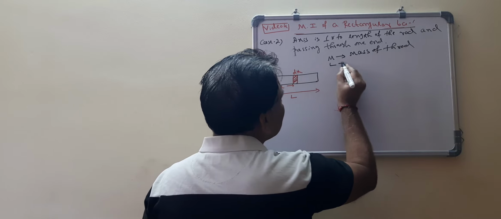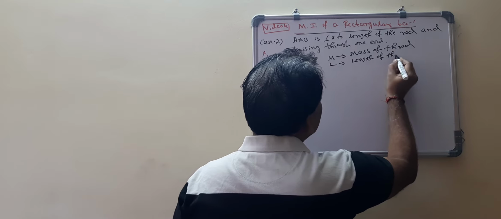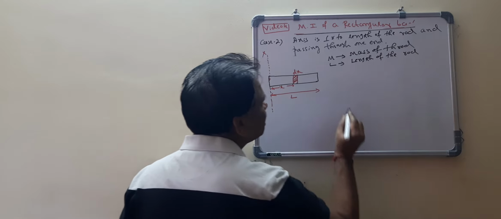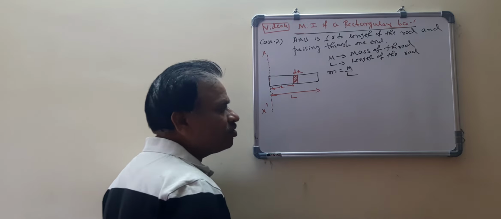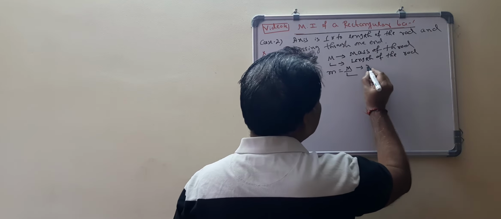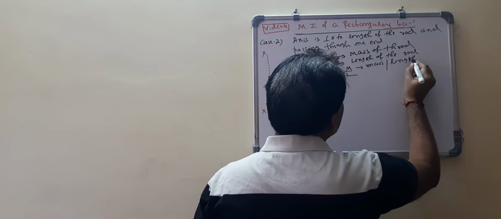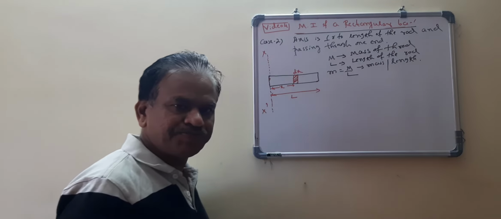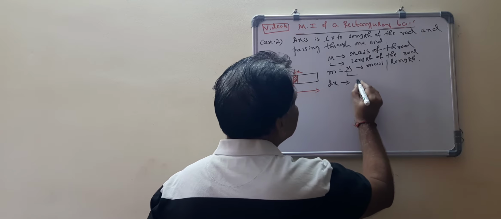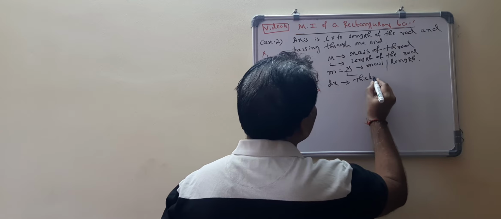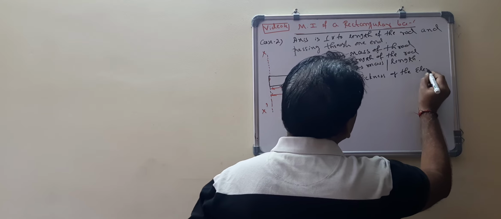L is the length of the rod. Then small m equals capital M by L. What is this? Mass per unit length. Then dx is the thickness of the small element, an imaginary element.